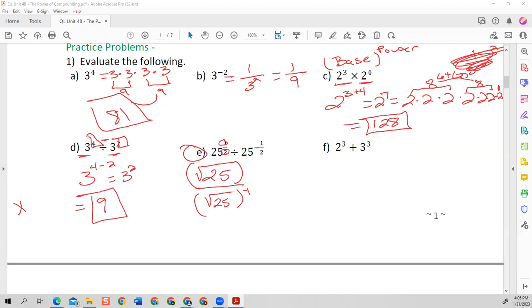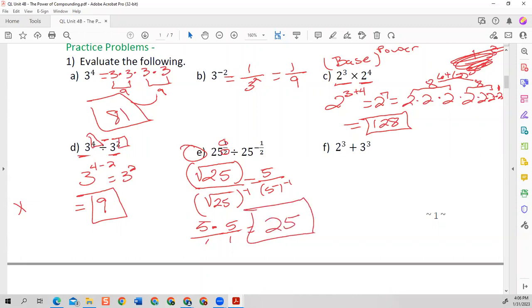We can have a different answer there, but let's go ahead and solve for it like this, just for now. So I have the square root of 25, which is 5. The square root of 25 is 5. And this is raised to negative 1. So I'm going to rewrite it as 5 times, because I'm going to bring it up to the top, right? So now I got 5 times 5, which is 20.